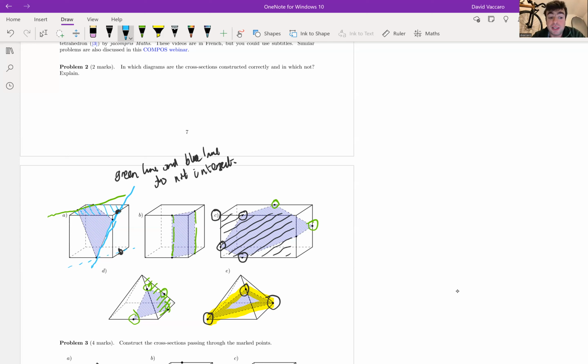Then it would have just been 2 parallel lines, and it would have just been much more like B. So as a summary, A is wrong, B is fine, C is wrong, D is wrong, and E is fine.